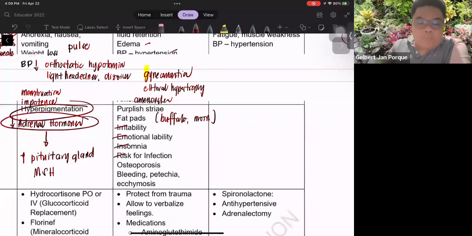Remember that there are too many steroids, so risk also for infection. With excess glucocorticoid, osteoporosis. Then students, you add this: they will get increased risk for bleeding, petechiae, and ecchymosis.